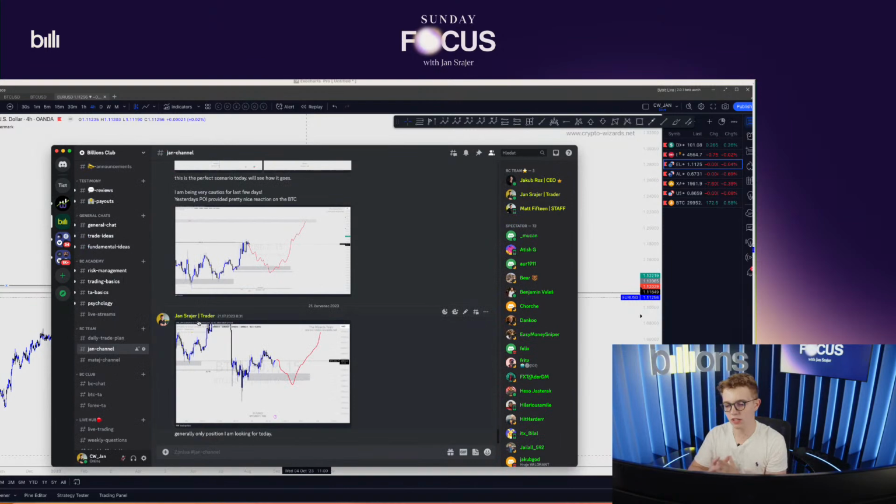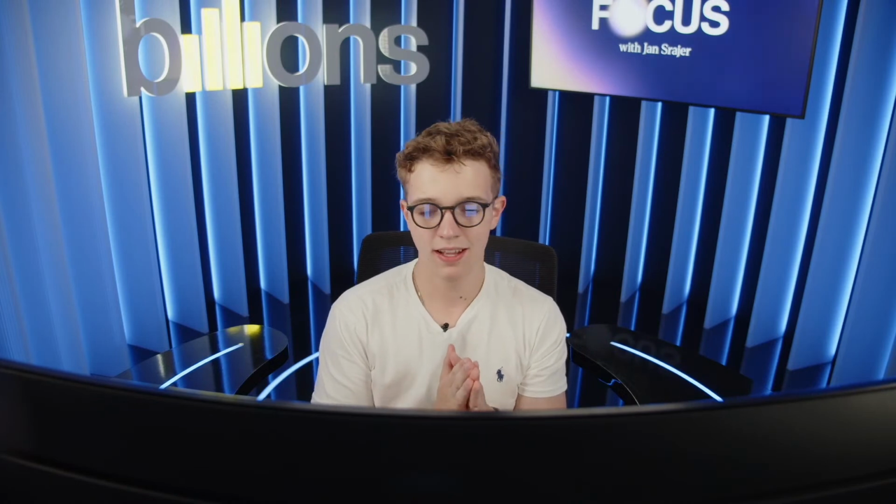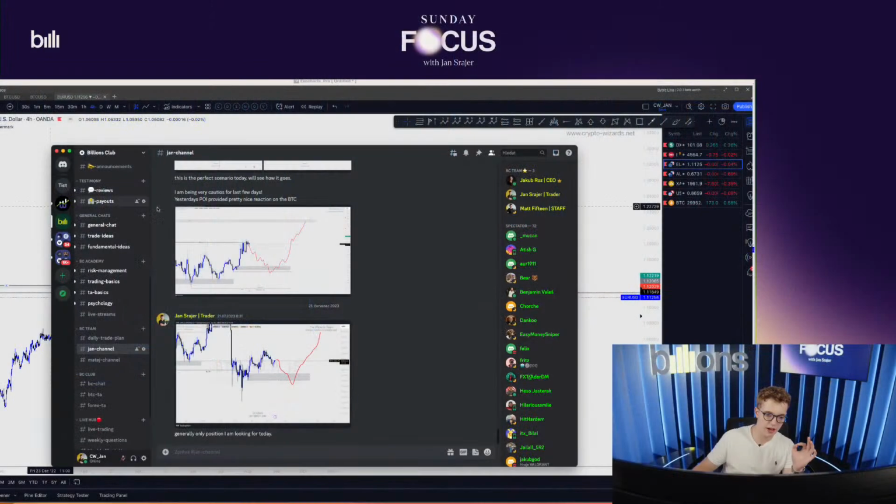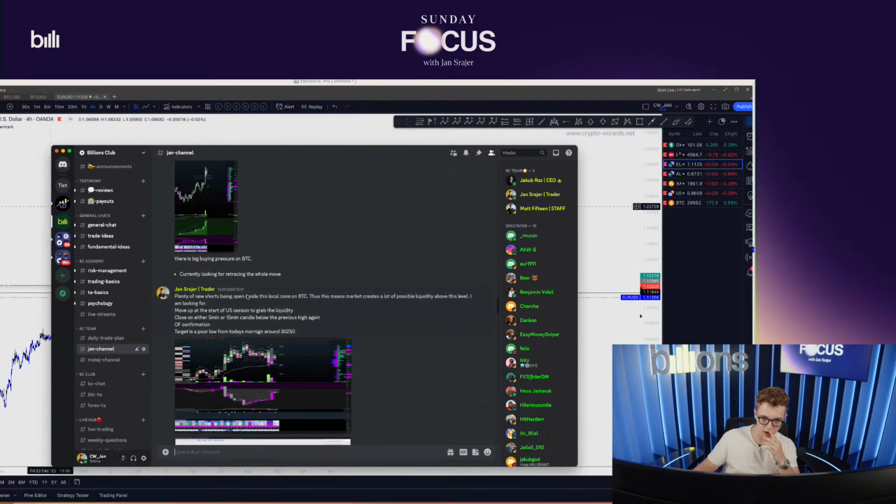If you understand the concept of liquidity, if you understand the concept of creating the plan, then you can execute pretty well if you are sticking to the initial plan that you created. And let me show you one thing that I was saying last Sunday in FTA or Sunday Focus, whatever you're going to call it.